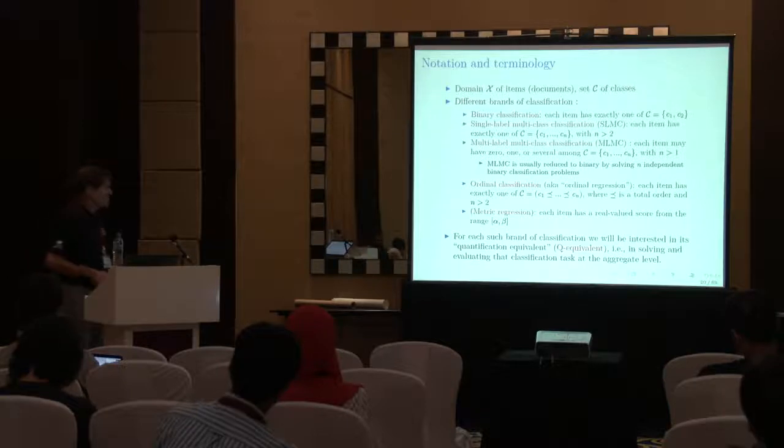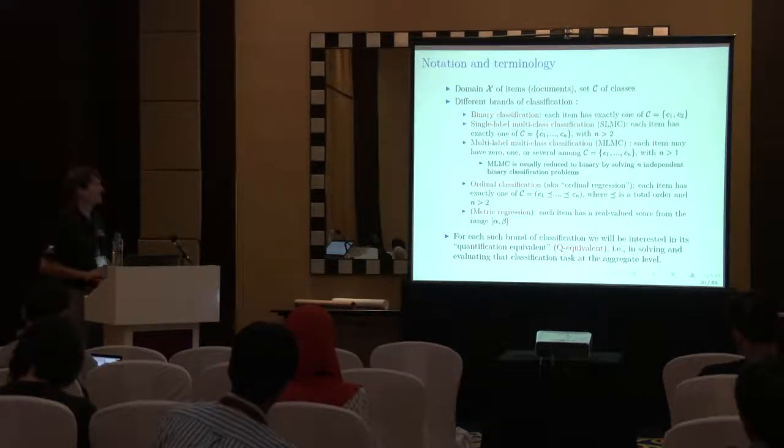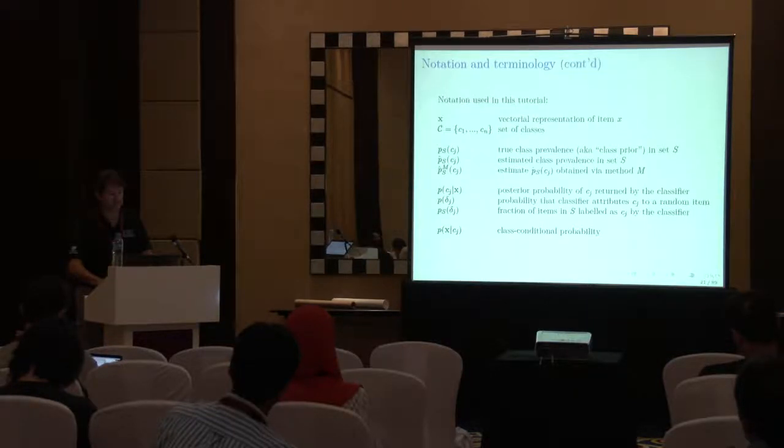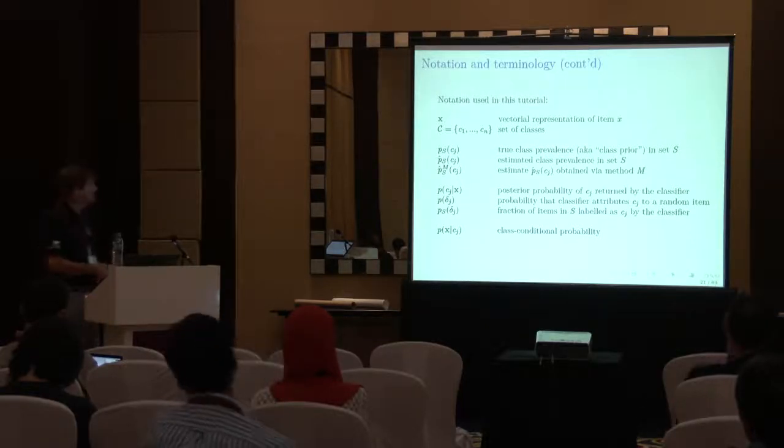We will not deal with the metric regression case, which is when items have a real number as a label, though there are applications like this too. For each such brand of classification, we will be interested in figuring out which methods we can use to solve its quantification equivalent. In terms of notation, we will use standard notation from probability theory.